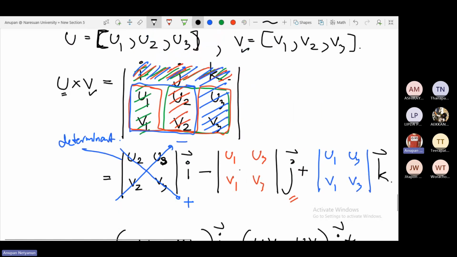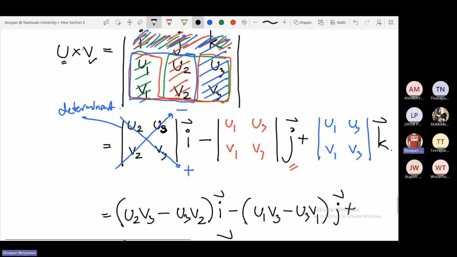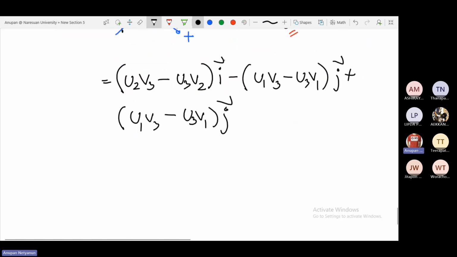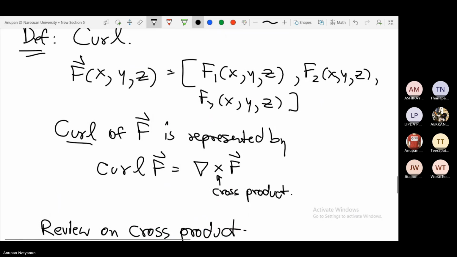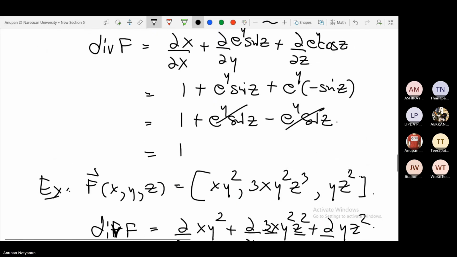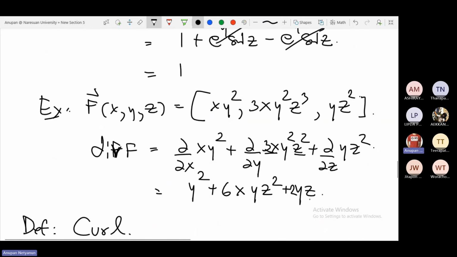And you can see that when you have two vectors and take the cross product, the outcome is going to be a vector. So the curl of a vector function, which is defined to be a cross product of these two vectors, the outcome has to be a vector. But for divergence, what you get is a scalar. It's not a vector.